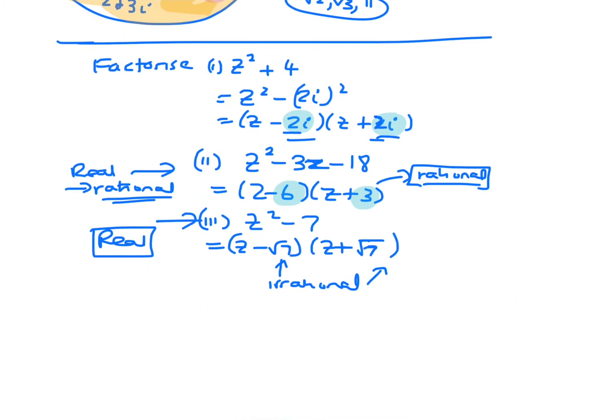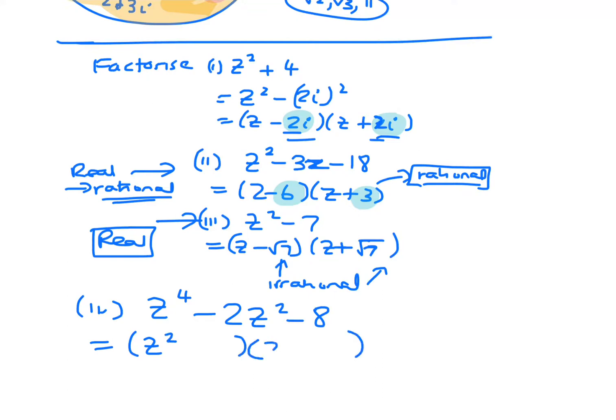Okay, so now if you're going to factorise, let's look at z to the 4 minus 2z squared minus 8, for example. The first step would be, instead of writing z and z there, you write z squared and z squared, because z squared times z squared gives you z to the 4.